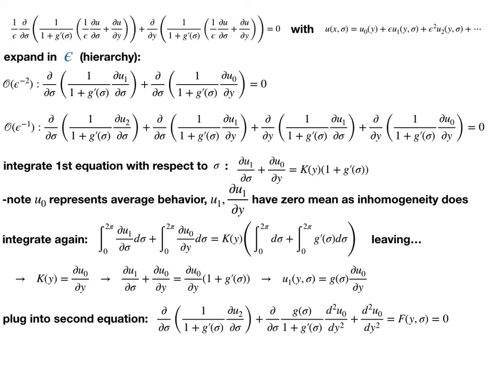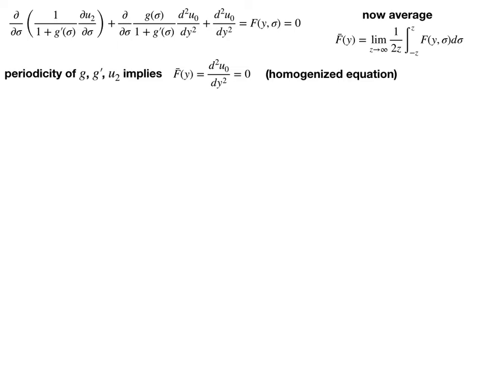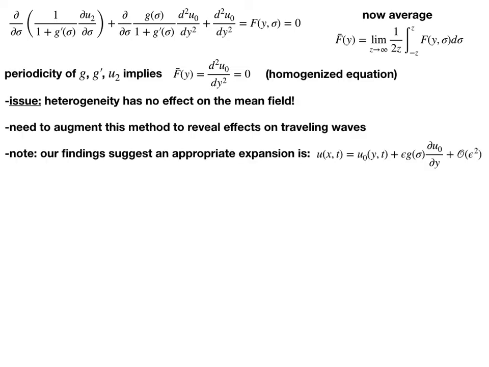What we find is that the U1 expression that we have really suggests a specific form for our perturbation expansion. So if we go to what we would now suggest as the form of our perturbation expansion, we see that it should involve something like our periodic inhomogeneity multiplied by the partial derivative of u0 with respect to the microscale.